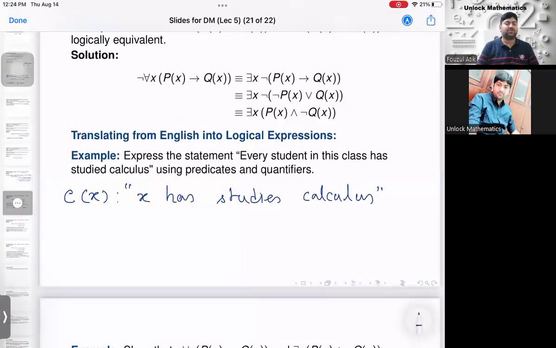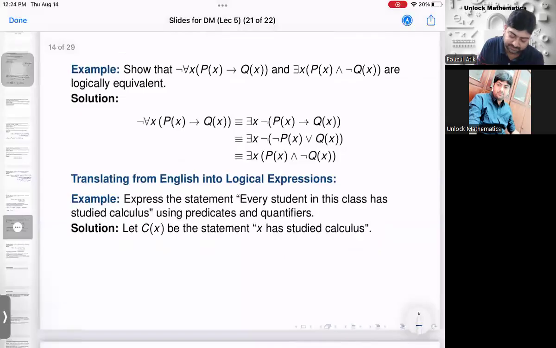Every student means for all x Cx, where the domain is all students in your class. So you will write it as for all x Cx. It means that every student x has studied calculus. That means every student has studied calculus. So for Cx, the domain is all students in our class.